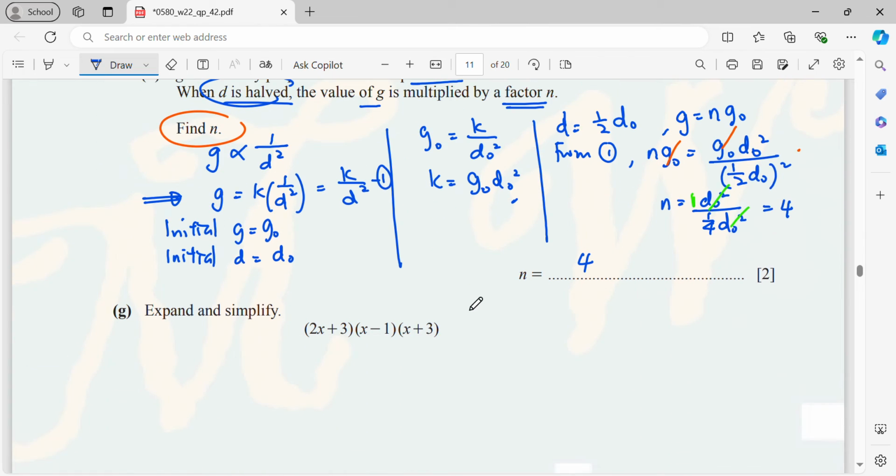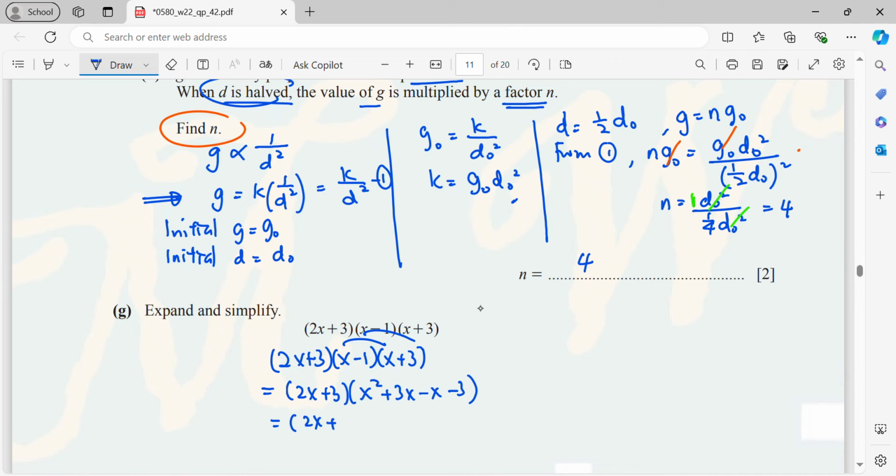Now G, expand and simplify. So now here, I will write 2x plus 3, x minus 1, x plus 3. I will keep the first bracket, and then I will do the expansion. So you will get x squared plus 3x minus 3, that is going to be 2x plus 3, x squared plus 2x minus 3.